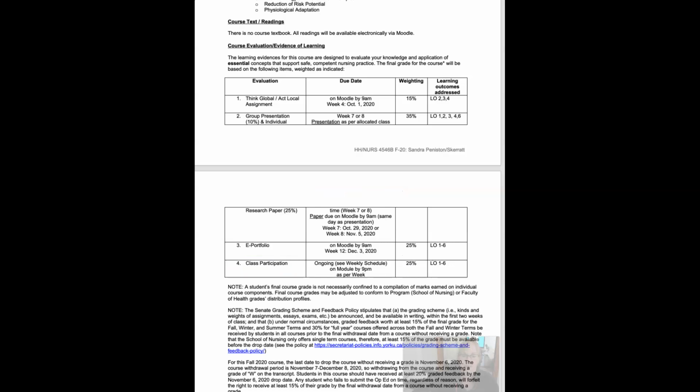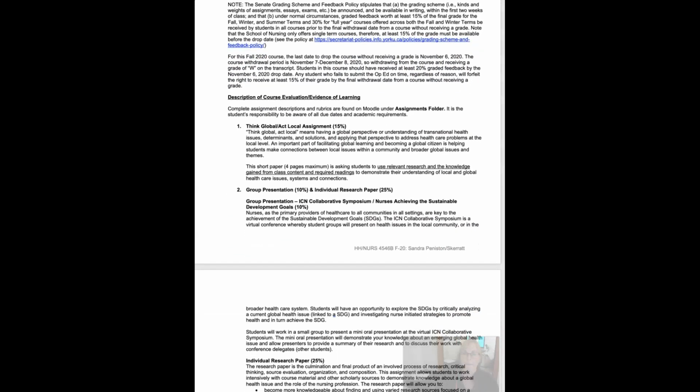This is just information about the grading for assignments, so take a look at that. And remember that all grades have to be submitted to the Faculty of Health to look at the grade distribution profile, and if our grade distribution is too high, it will be adjusted, and you're familiar with that.